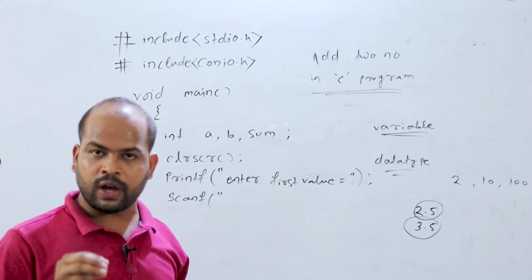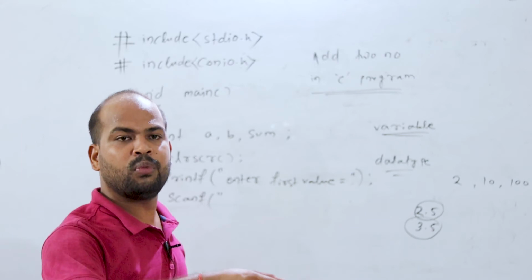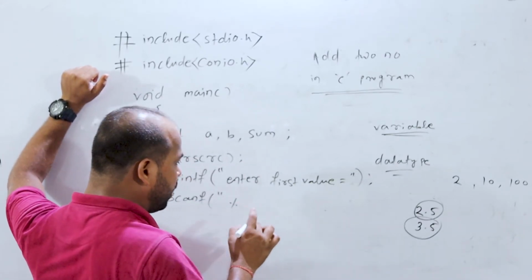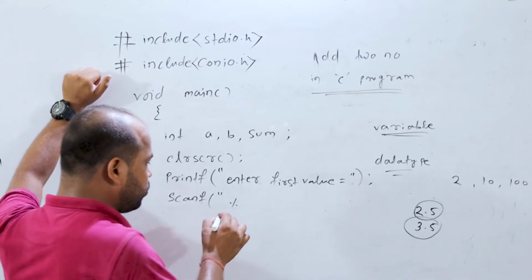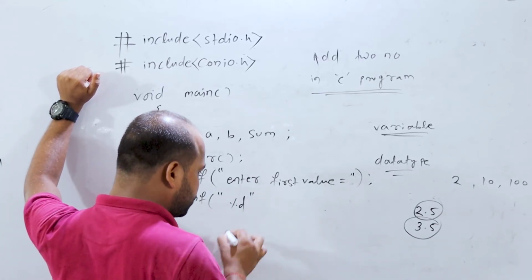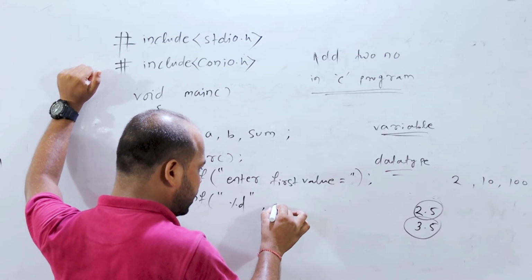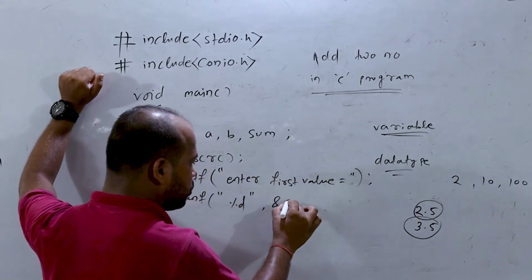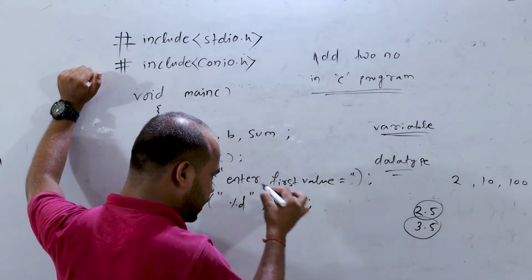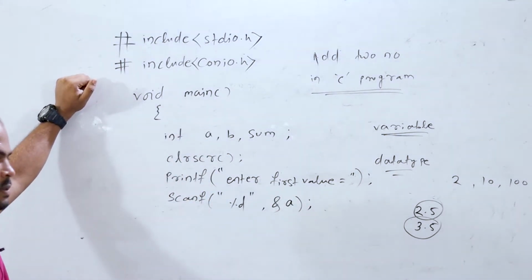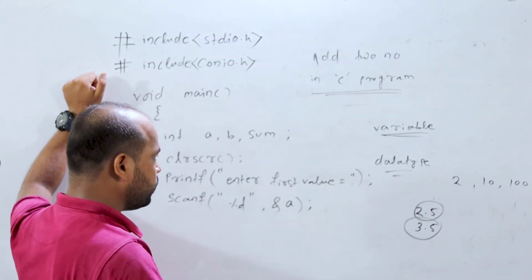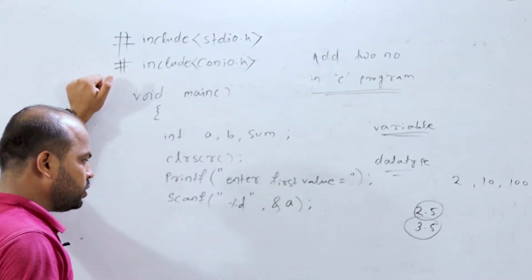To insert a value from the keyboard. If I want an integer type value, then we have to write percentage d, then the address of A, so the first value will be stored in the A variable.